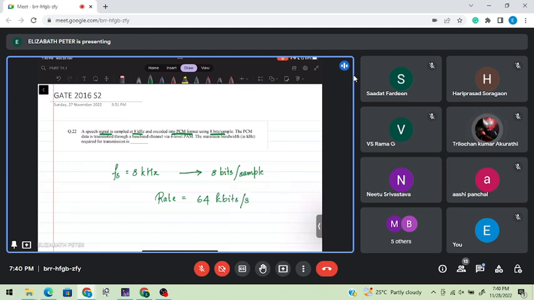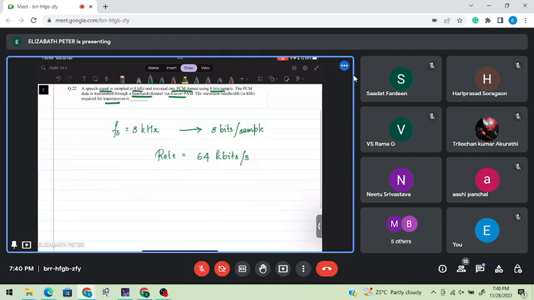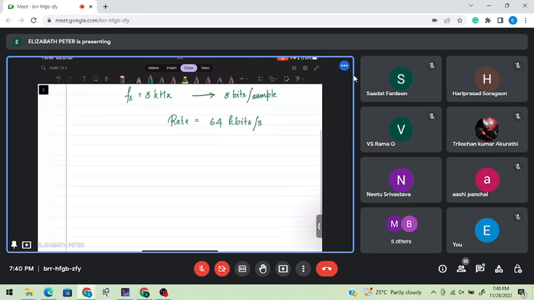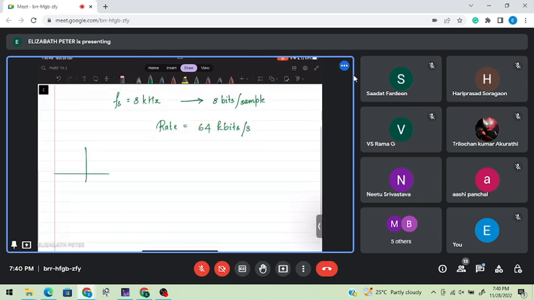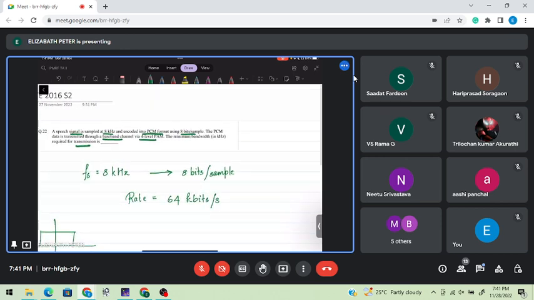Now, the PCM data is transmitted through a baseband channel via 4-level PAM. The minimum bandwidth required for transmission. See, initially, in the first question, we have seen that we transmit this PCM data.